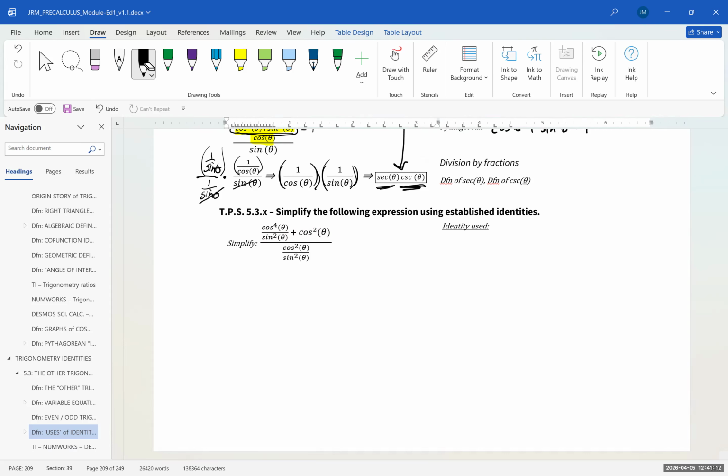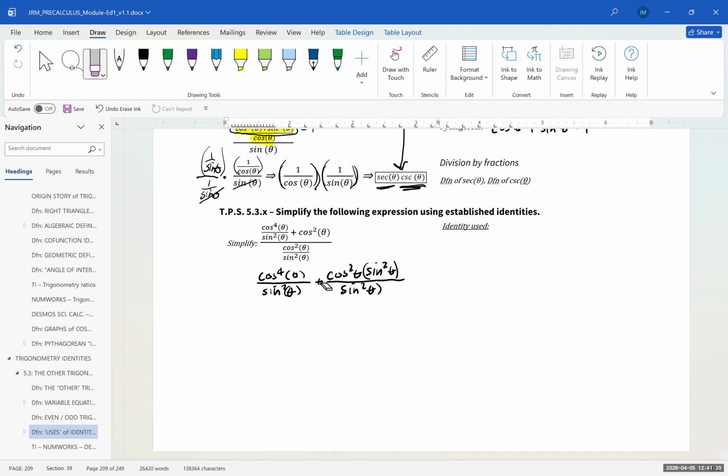Let's go ahead and do that. So we're going to write all this out: cosine to the fourth over sine squared theta plus cosine squared theta, times sine squared theta over sine squared theta.